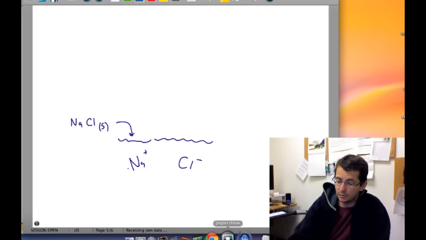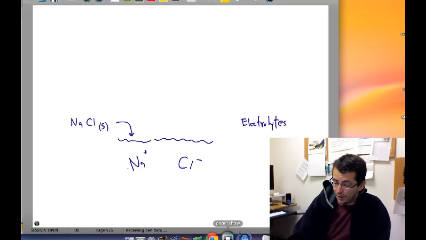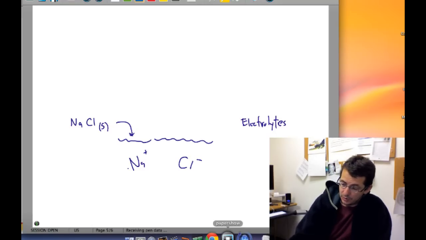These materials are what we call electrolytes. Materials that dissociate in water. Usually they're charged species that dissociate into separate pieces. Now, the reason for this has to do with the structure.